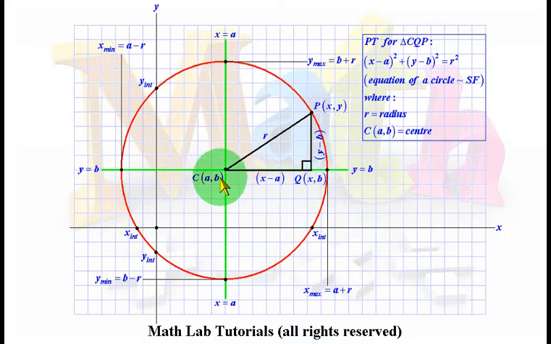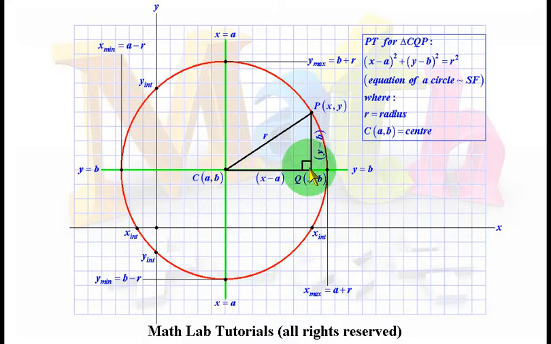Now, let's see if we can figure out how to calculate the run going from C to Q. You know the run is x2 minus x1, but x2 is just x and x1 is a. So the run would be x minus a.